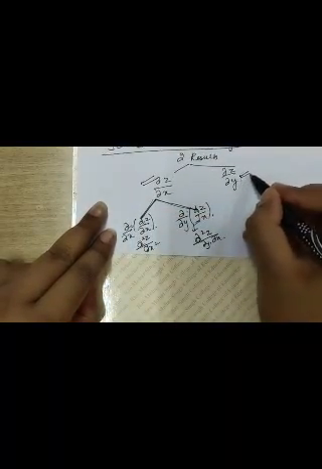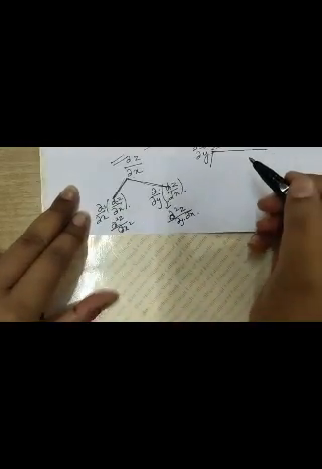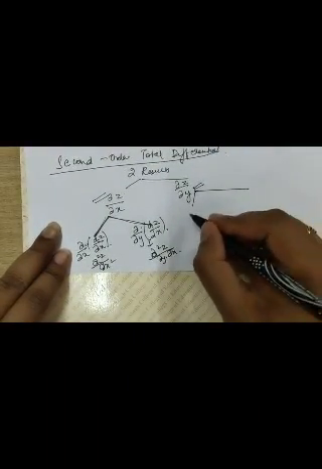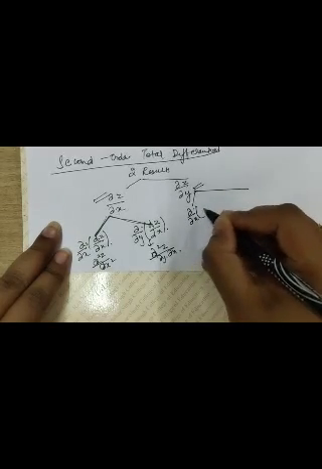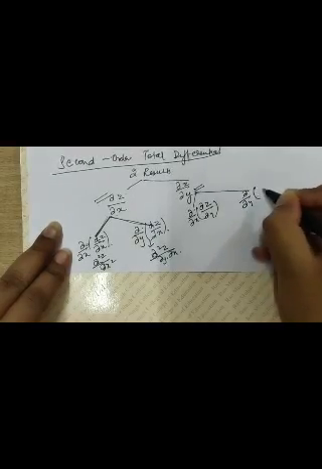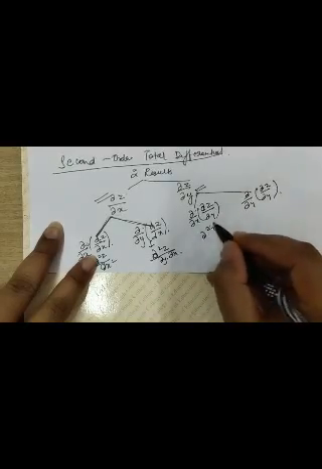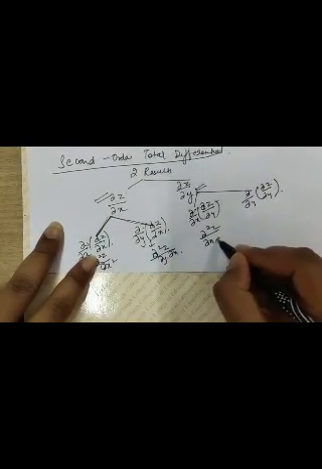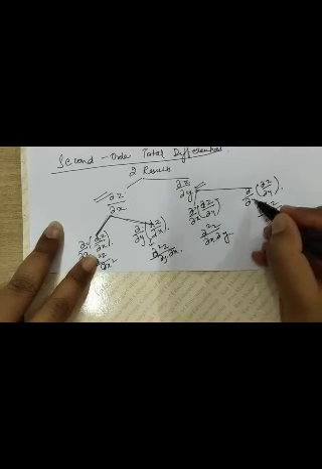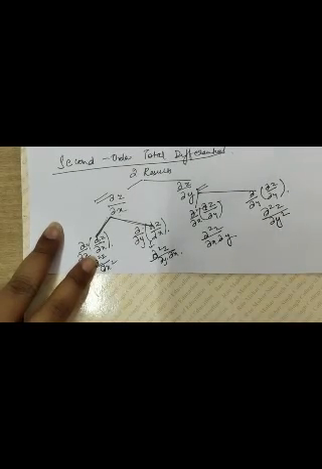Now we need to differentiate the other one to get the second order total differential. This delta z by delta y, first it will be differentiated with respect to x, and second with respect to y. So this will be delta square z by delta x into delta y, and here delta square z by delta y square.